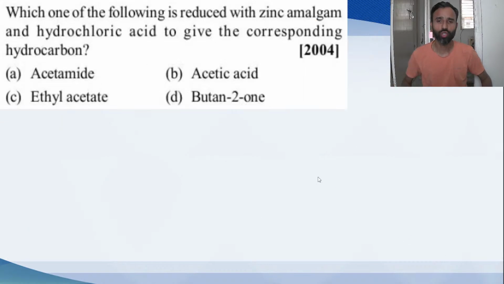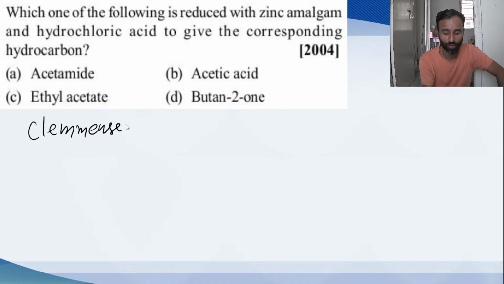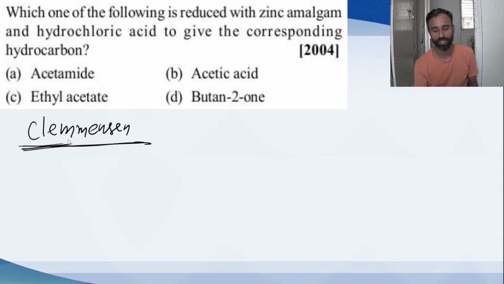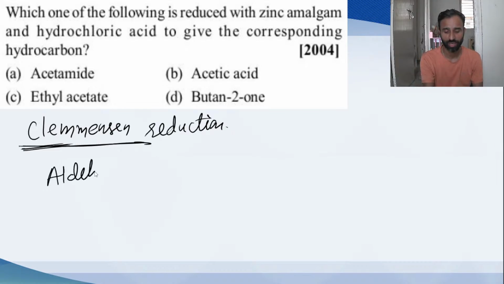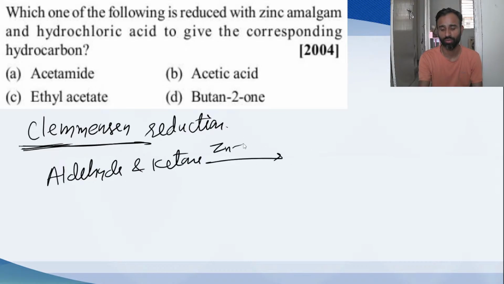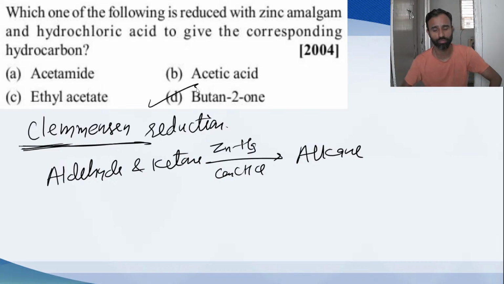Okay, which one of the following is reduced with zinc amalgam and hydrochloric acid to give the corresponding hydrocarbon? What is the name of this reaction? Now I think those who are connected from the beginning know it is a Clemmensen reduction. And in Clemmensen reduction, aldehydes and ketones are converted into alkanes. Obviously butan-2-one is the right option because it is a ketone.